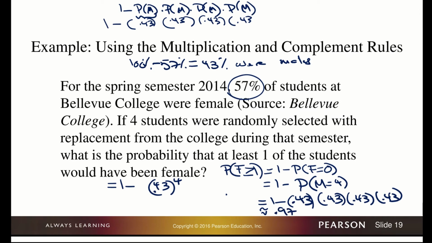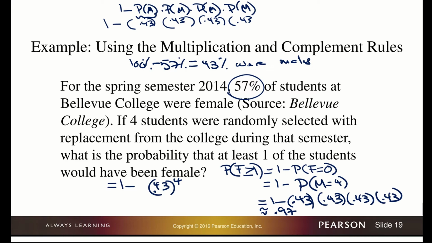So what did we just discover? We just discovered that in this particular college, where 57% of the students are female, if you randomly select 4 students with replacement, that means after you pick one, the name goes back into the pool for the second pick, right?